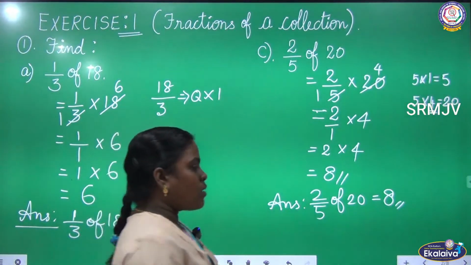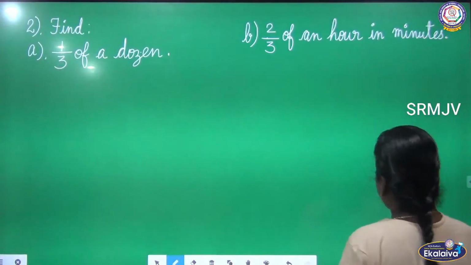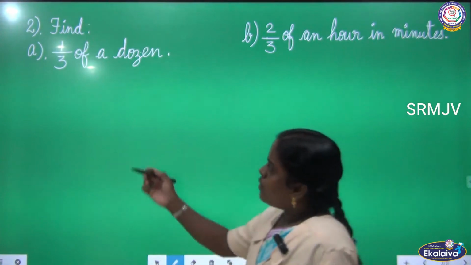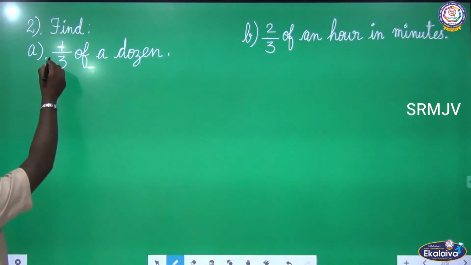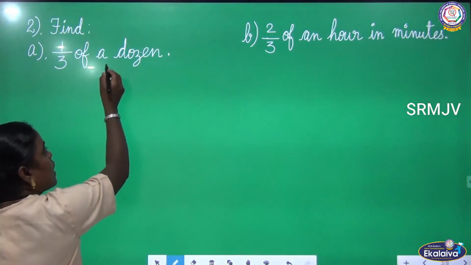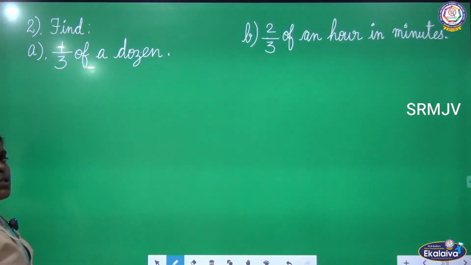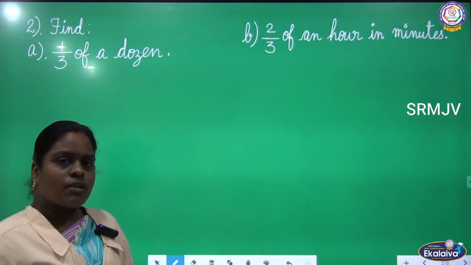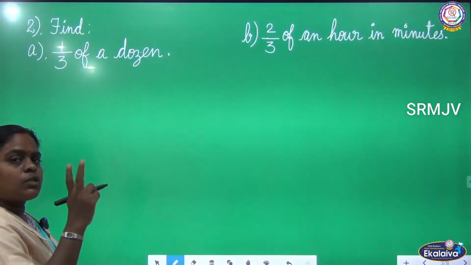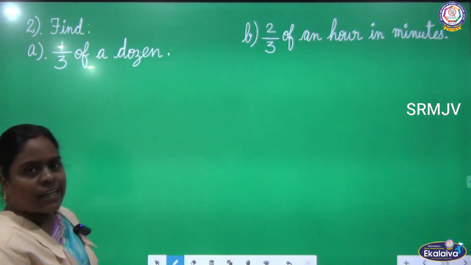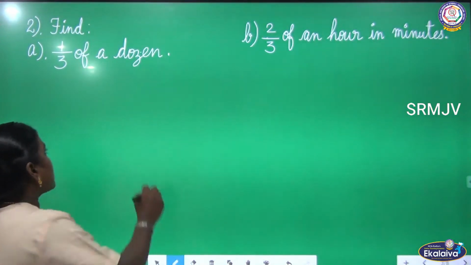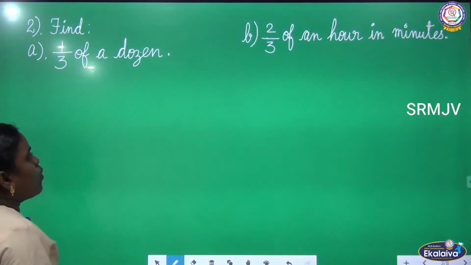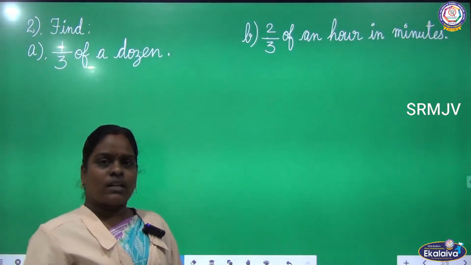The next sum, we are going to find out 1 by 3 of a dozen. Listen children, to find out the fractions of a collection, we need 2 terms. One is a fraction and a whole number. Here fraction is given. What about the whole number?